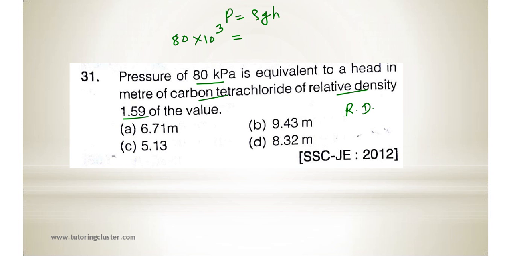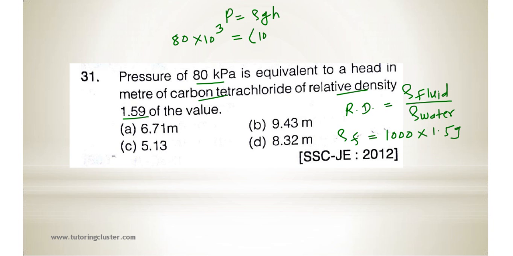Relative density is equal to rho of any fluid to that of rho of water. Rho of water is how much? 1000. So what will be rho of fluid? It is equal to rho of water, which is 1000, into the relative density, 1.59.